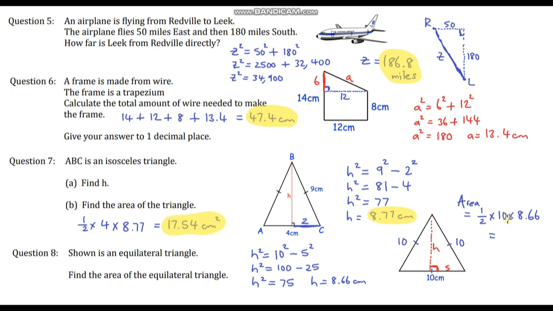So effectively, it's going to be 5 times 8.66. And we get 43.3. Have I done that right? Yeah, 43.3. And our units, we can never forget our units. Remember that. A lot of people just carelessly leave them off, but we need to include them to get the full marks. And that is centimetres squared.